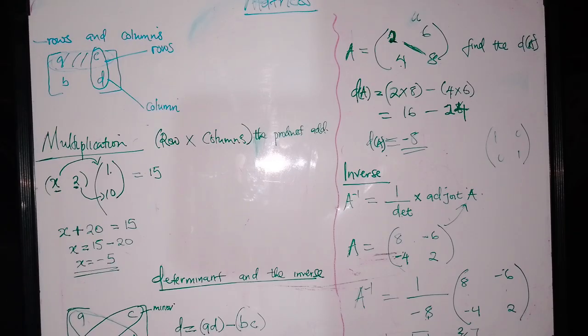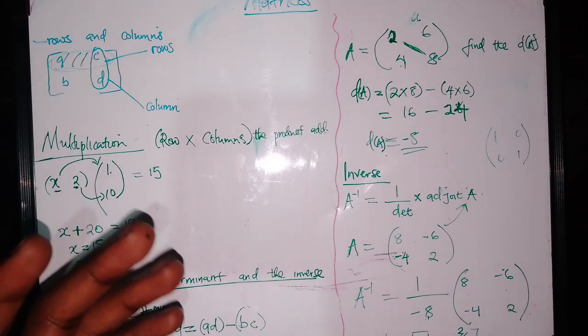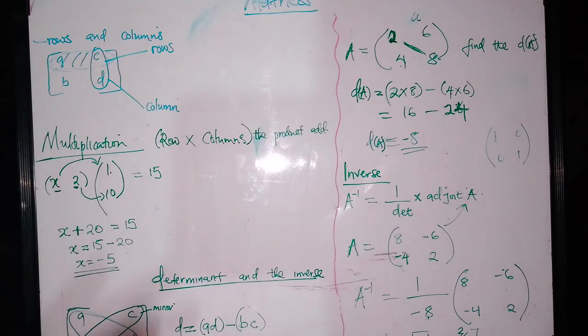Those things are not important. What is important is what I've taught you here: how to find the inverse, how to find the determinant, how to multiply, how to use the equal equation in matrix, and how you can know the order of a matrix. These 4 principles are what you need to solve any question on matrix.